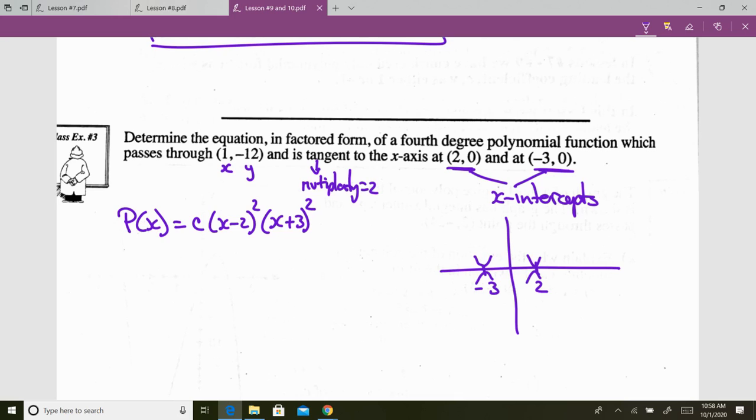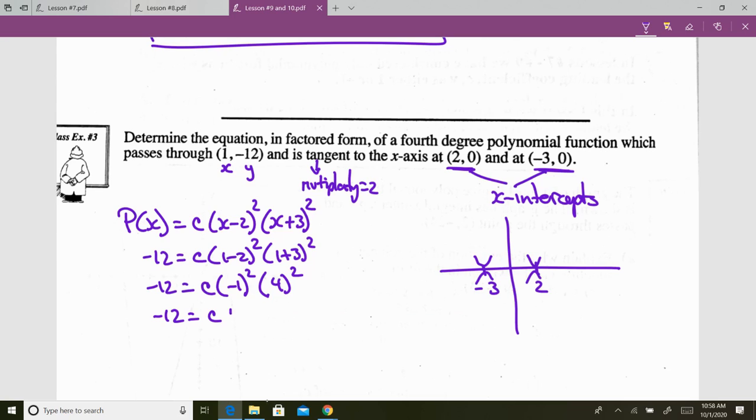That's our general form of the equation. What do I do now? Plug in your x, y. So I get negative 12 is equal to c, 1 minus 2 squared, 1 plus 3 squared, negative 1 squared, 4 squared, 16. Divide it off.